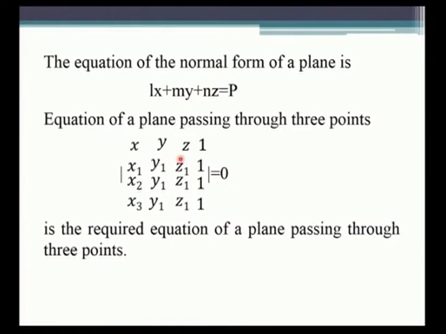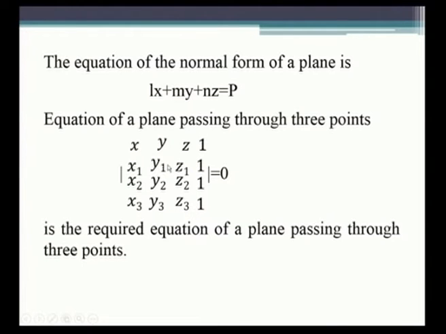That is, the determinant of first row containing x, y, z and 1, then the second row has x1, y1, z1, 1 and the third row of the determinant has x2, y2, z2, 1, then x3, y3, z3, 1 is equal to 0. This is the required equation of a plane passing through the 3 points.